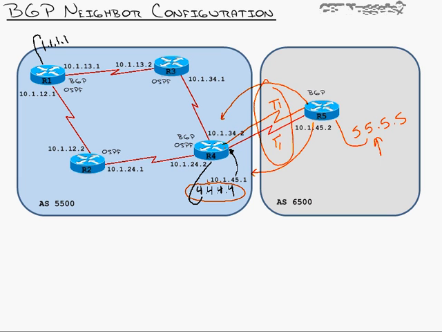I can set up the neighbor relationship to use 4.4.4.4 as the source, just like we did with our internal peer here, and they can use 5.5.5.5 as the source, but the neighbor relationship will not form because there is a rule. eBGP relationships must be, by default, directly connected.